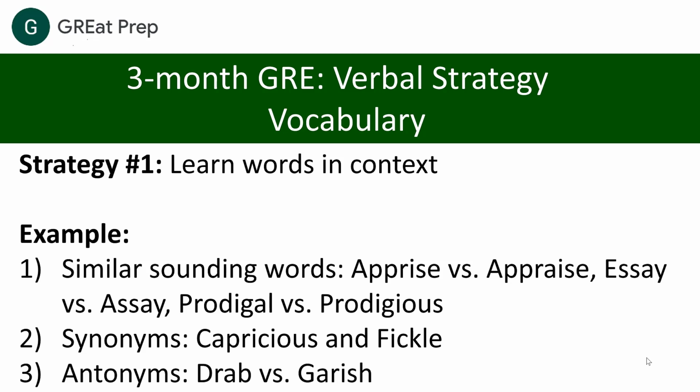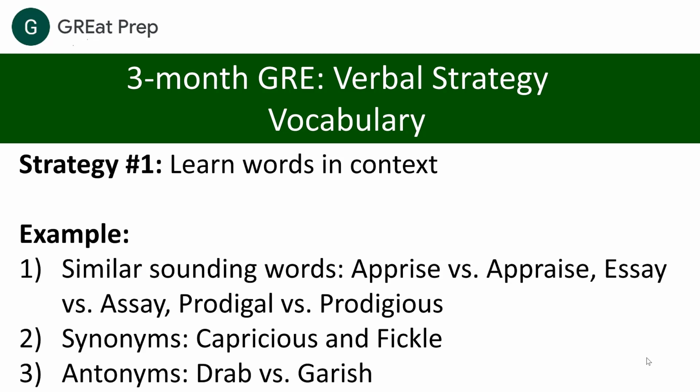The other reason to learn words in context is because of the way the GRE test questions are constructed, whether it's a reading comprehension or it's a sentence completion or a sentence equivalent question. Most questions typically try to compare or contrast things.